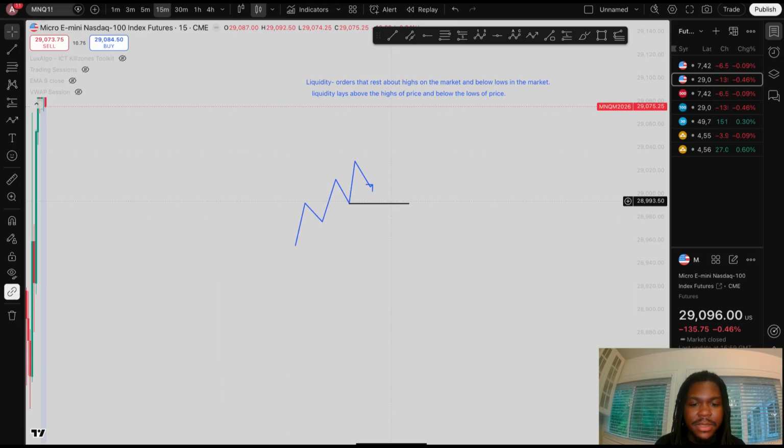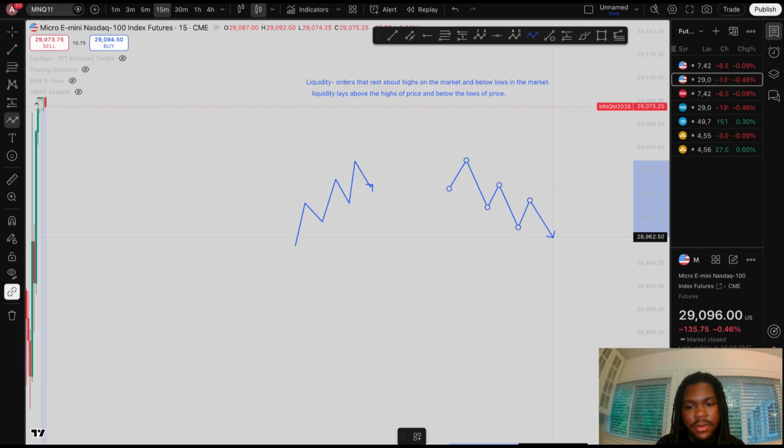And that brings me to my next look on liquidity, which is in a downtrend. You can have liquidity in an uptrend. You can have liquidity in a downtrend. So you have a low, a high, a lower low, a lower high, a lower low, and a lower high, and so on and so forth. And so, where does liquidity rest within this?